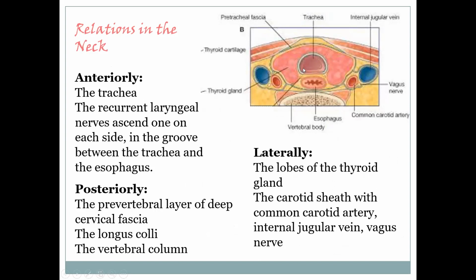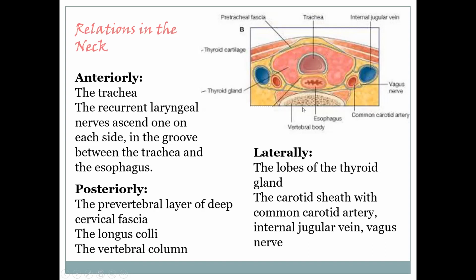When we talk about its relations in the neck area, it has anteriorly the trachea and the recurrent laryngeal nerves, which are ascending on each side in the groove between the trachea and the esophagus.